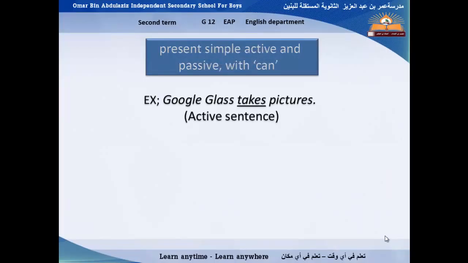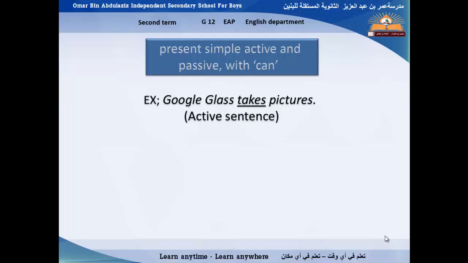When we say Google Glass takes pictures, this is an active sentence, because the doer of the action or the subject of the sentence is found in the correct place, which is the first part of the sentence. So when you ask a question like which thing takes pictures, the answer will be Google Glass. So this is an active sentence.